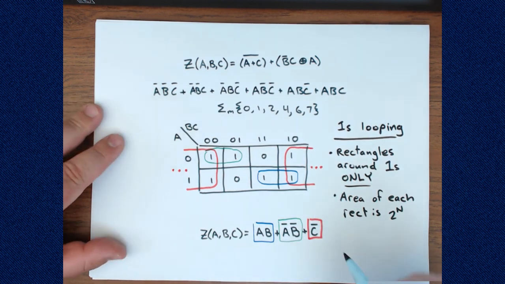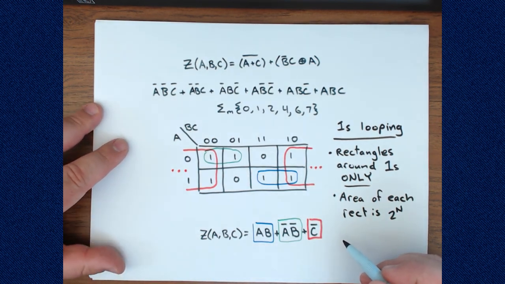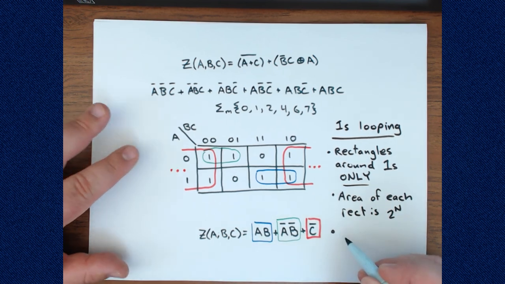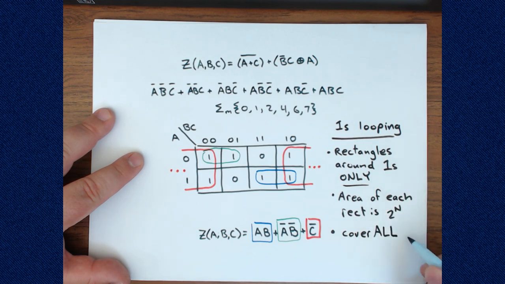Now the last one, which isn't really a rule in terms of getting correct results, but is a rule in terms of simplifying this sum of products function as much as we possibly can, is that we want to cover, well, I guess this is half rule, half not. We want to cover all ones.